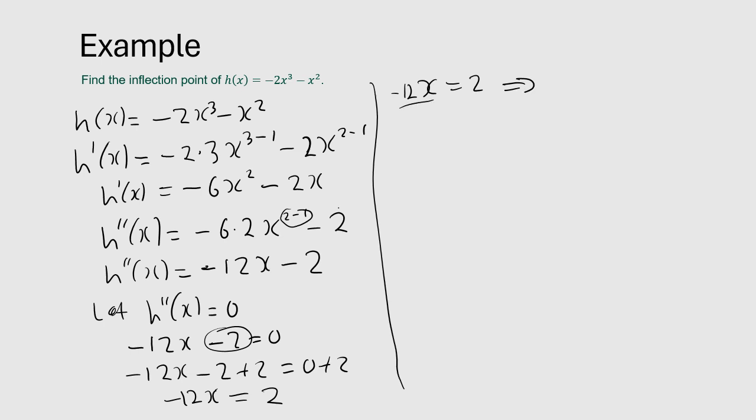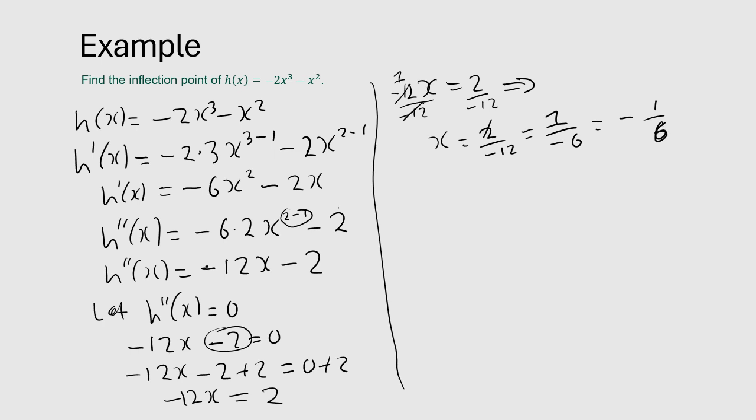We divide both sides by minus 12, so x is equal to 2 over minus 12. 2 goes into 2 once, and 2 goes into 12 six times, so over minus 6, and we can take the minus up. x is equal to minus 1 over 6.